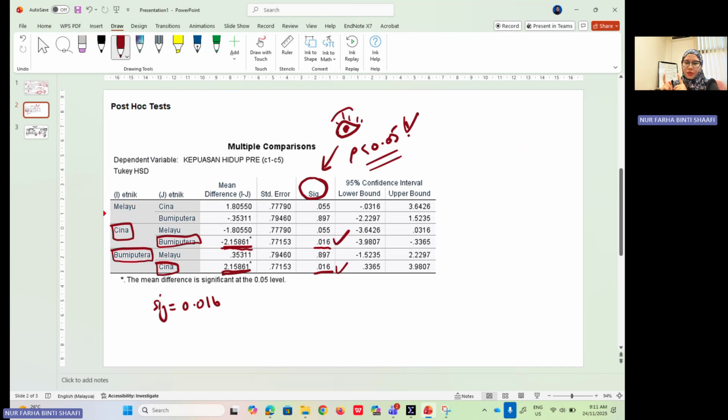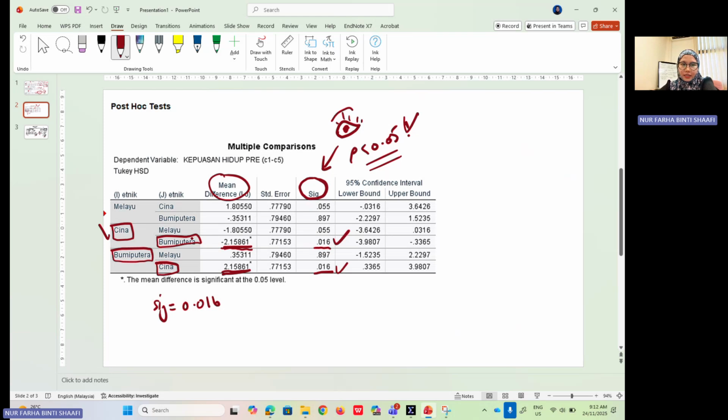But which one is higher than the other? Is it Chinese higher than the Bumiputra, or the Bumiputra higher than Chinese in terms of their life satisfaction? You don't know. So this table will help you to know whether the Chinese have higher life satisfaction in terms of the mean, or the Bumiputra. So from here, you take a look at this one first. Chinese and Bumiputra. The mean difference shows that Chinese have negative 2.16. Negative meaning lower, lesser.